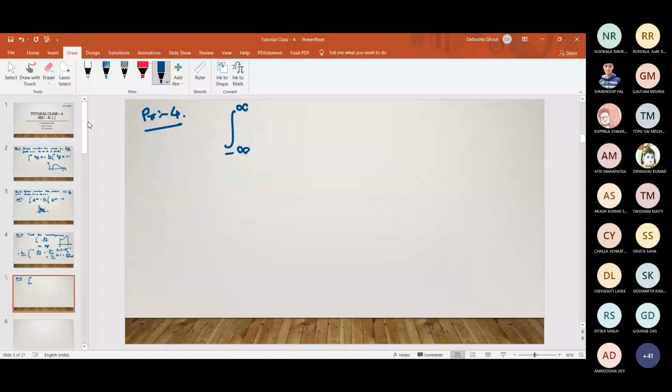Dx by 1 plus x square. Now you can see that this is an improper integration because the limit comes to infinity. So we must change it into a finite one. That is limit as b tends to infinity, integral 0 to b dx by 1 plus x square.